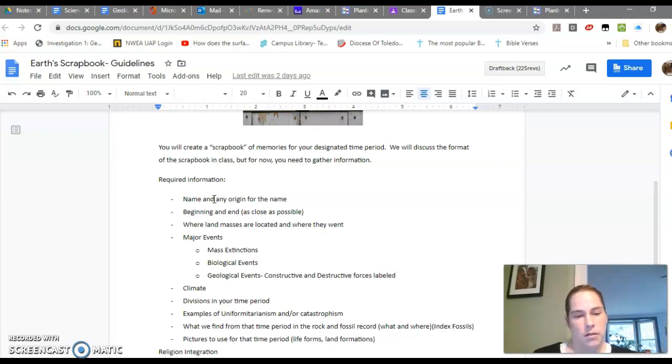Major events. Mass extinction events, if any occurred in your time period. Biological events, which could fall under mass extinctions. Geological events. You need to label geological events as constructive or destructive or both. We'll get into more information about constructive and destructive as this week goes by, as we add to our notes.